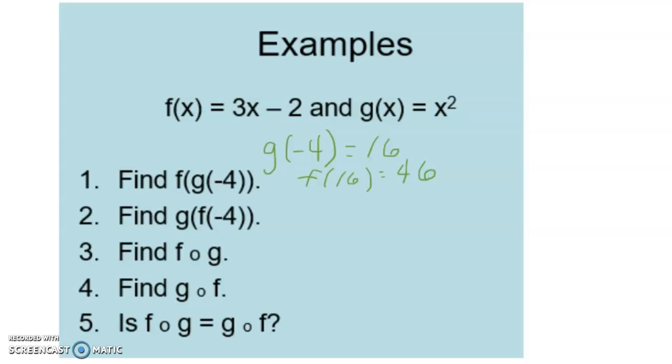On g of f of -4, I'd start with f of -4. So 3 times negative 4 is negative 12, minus 2 is negative 14. And then when I do g of negative 14, I'm going to get negative 14 squared, which is just 196.